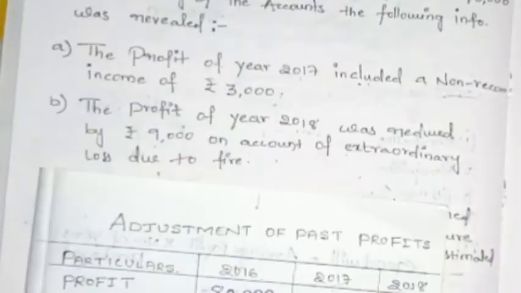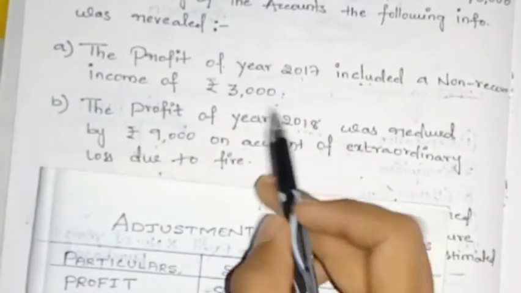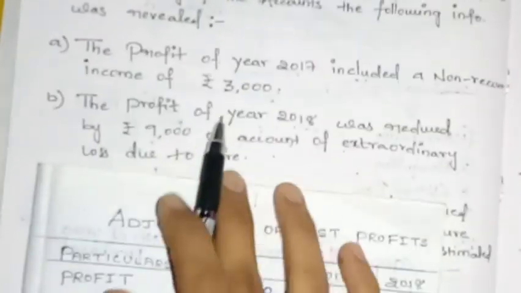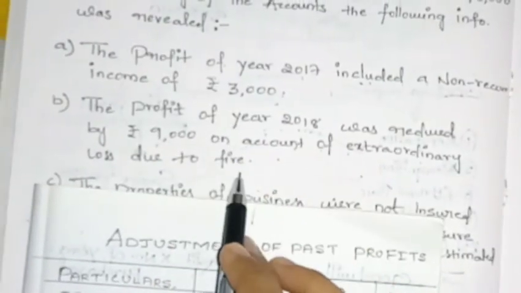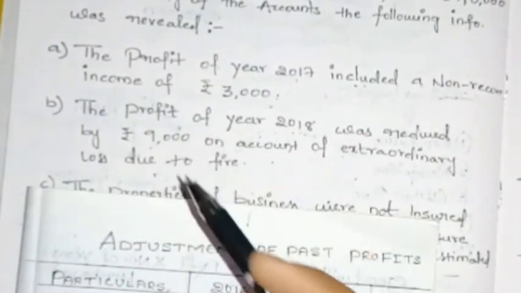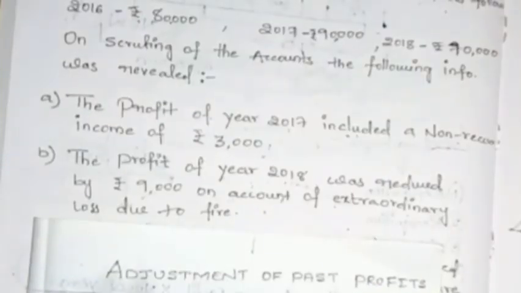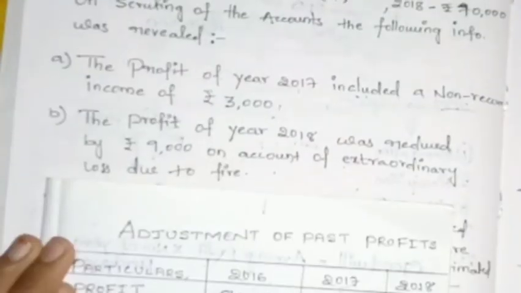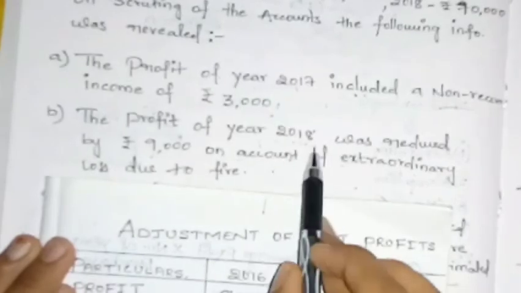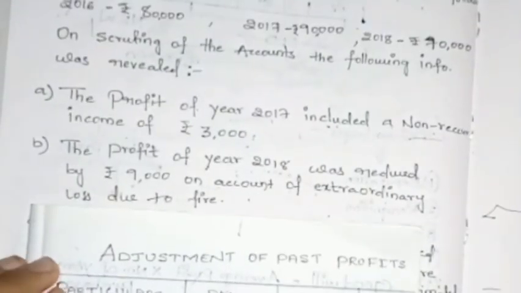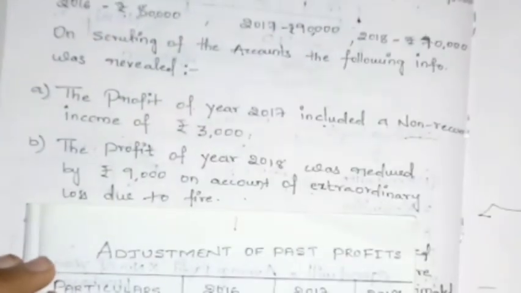Okay. So these 9,000 rupees, the loss due to fire, it is non-recurring. It will not reoccur in the future. Okay. It is non-recurring in nature. The fire does not occur every year. Okay. It has happened only in 2018, right? So now what we have to do, we have to adjust the profit of 2018 to arrive at the future profit.